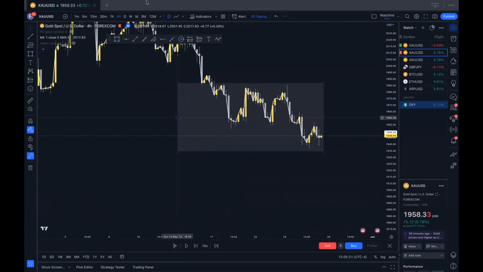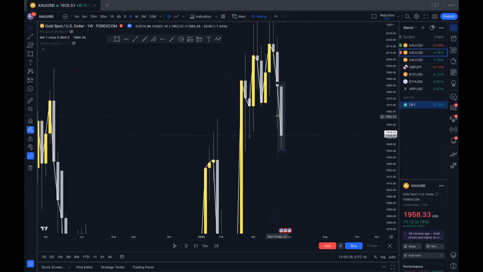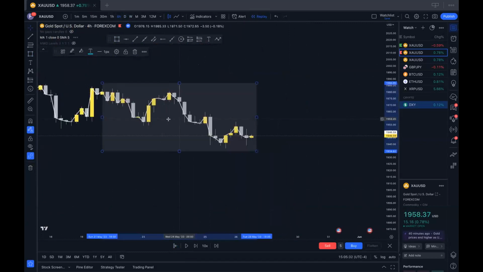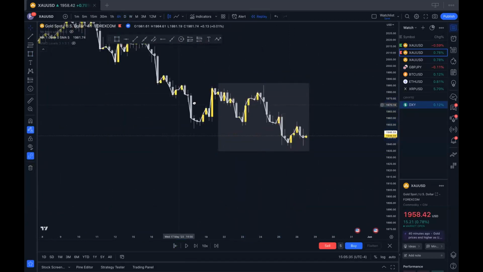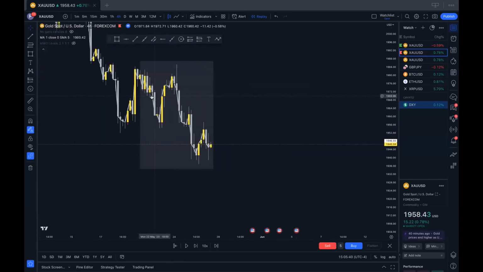We know that price has to buy up first, right? What happened? Price bought up, opened at this candle right here, it bought up and then it dropped. This was a pullback, but it still opened to buy up and then it dropped.